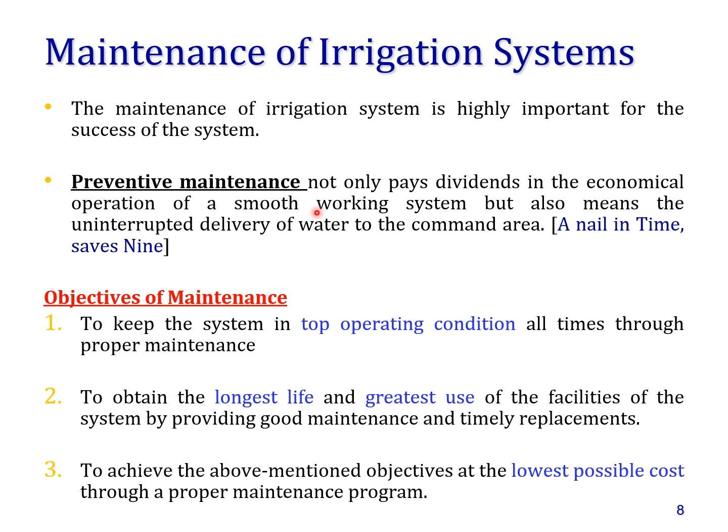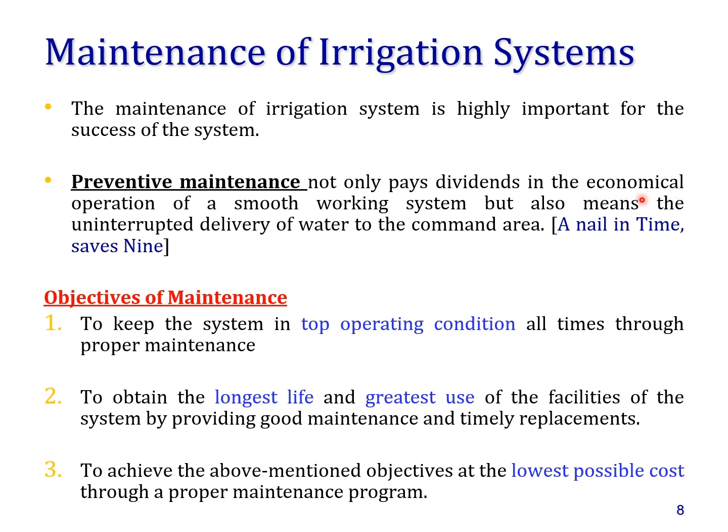If I read it from here, preventive maintenance not only pays dividends in the economical operation of a smooth working system, but also means the uninterrupted delivery of water to the command area. It means that if you adopt preventive maintenance, you will save money because you will not suffer loss.